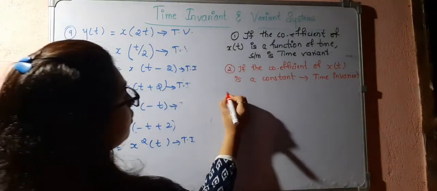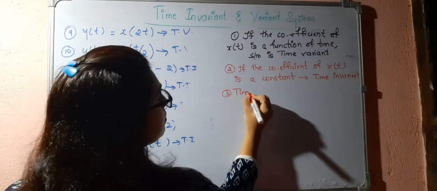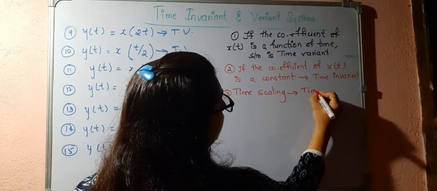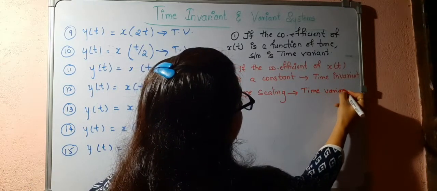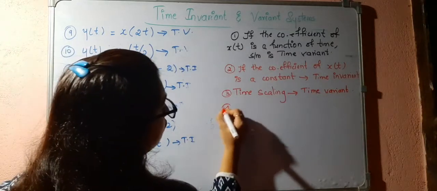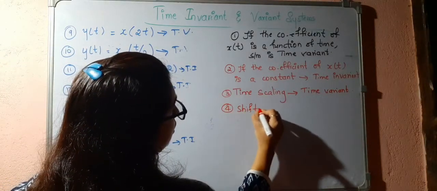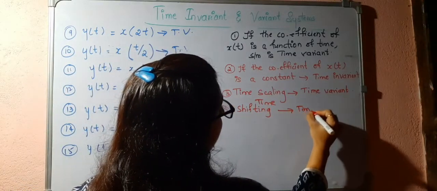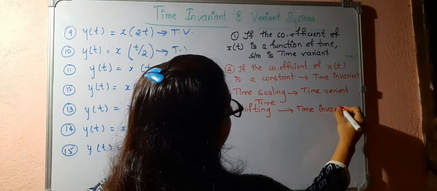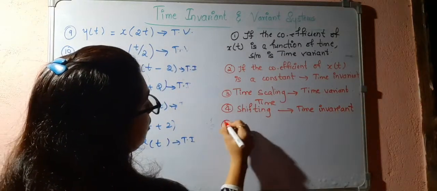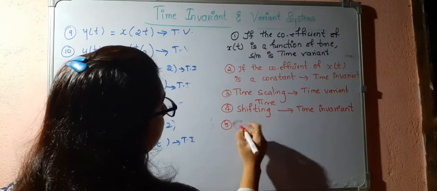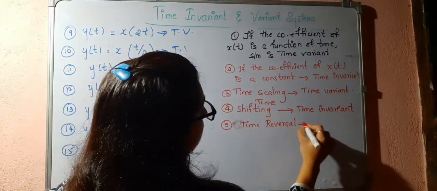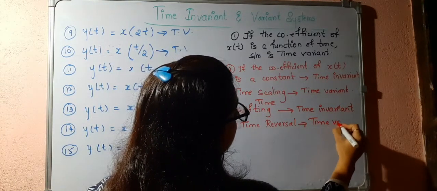Okay, third one, time scaling makes the system time variant. Okay, fourth one, time shifting, it is time invariant. Time reversal, time variant.